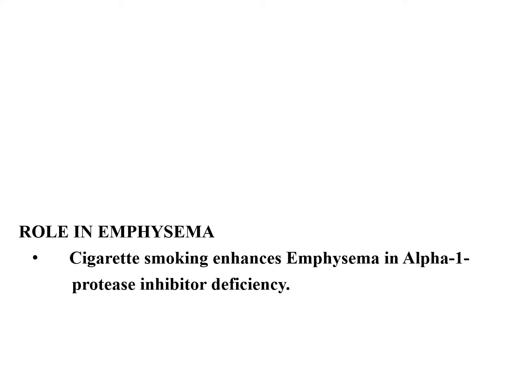In cigarette smokers, the alpha 1 protease inhibitor, which prevents the damaging effect of protease, is deficient. Why is it deficient? Cigarette smoking generates free radicals which damage this enzyme, alpha 1 protease inhibitor, thereby allowing the protease enzyme to continue damaging or eating up the proteins in the alveolus.